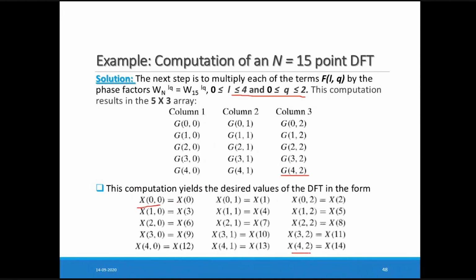Here x(0,0) represents 0, here it is 1, here it is 2, up to 14. So for the 15 input values given, you get the same number of values in the form of DFT, from x0 to x14.